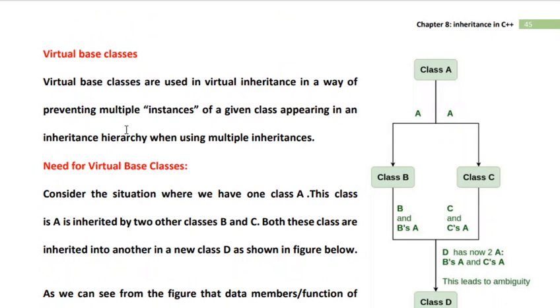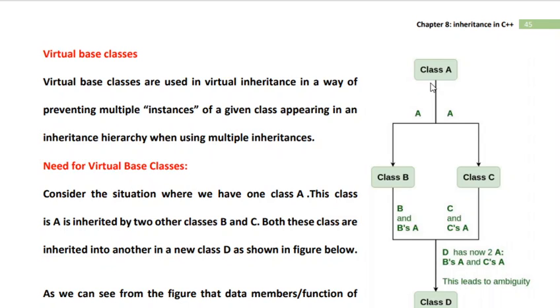Now let us try to understand ambiguity that may be associated with hybrid inheritance. Let us consider that we have created a hybrid inheritance by combining hierarchical inheritance and multiple inheritance.